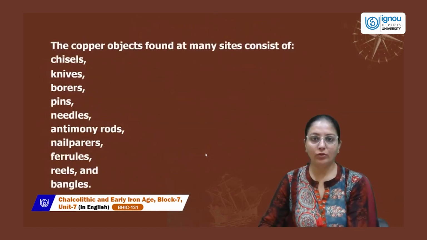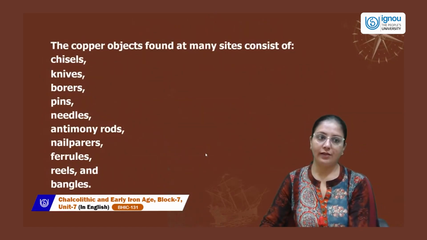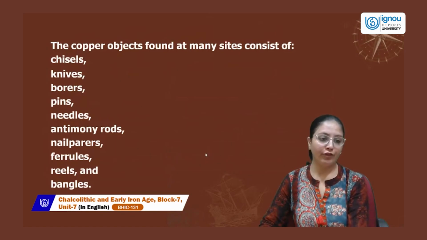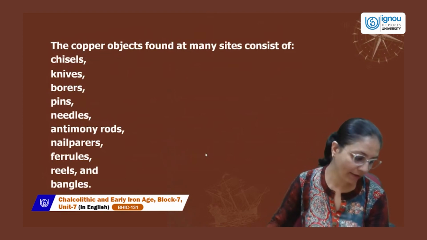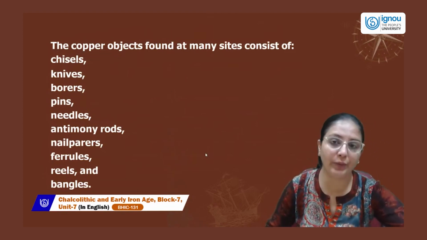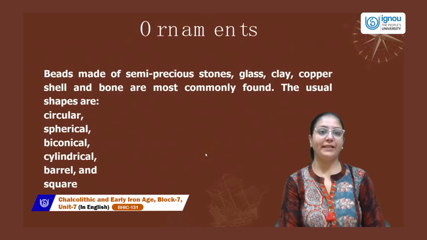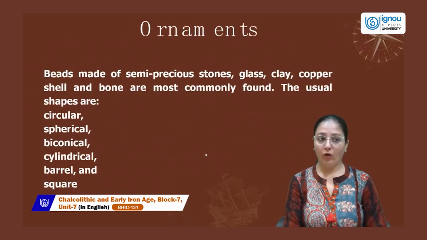The common objects found at many sites are chisels, knives, borers, pins, needles, antimony rods, nail parers, ferrules, reels, and bangles. So many things made of copper were found at those NBPW sites. Beads were made of semi-precious stones.